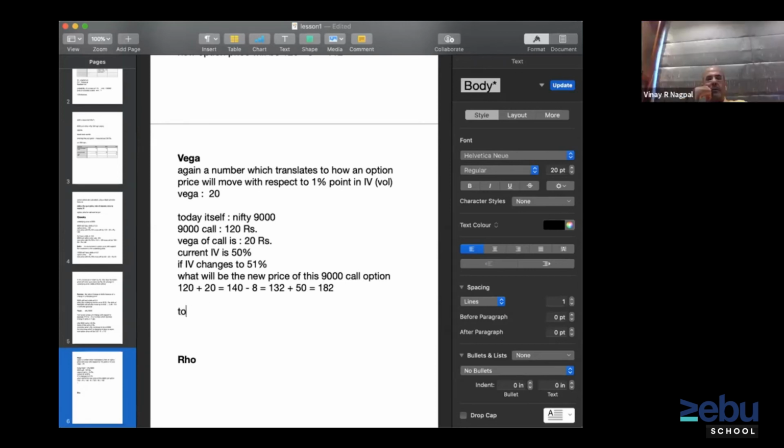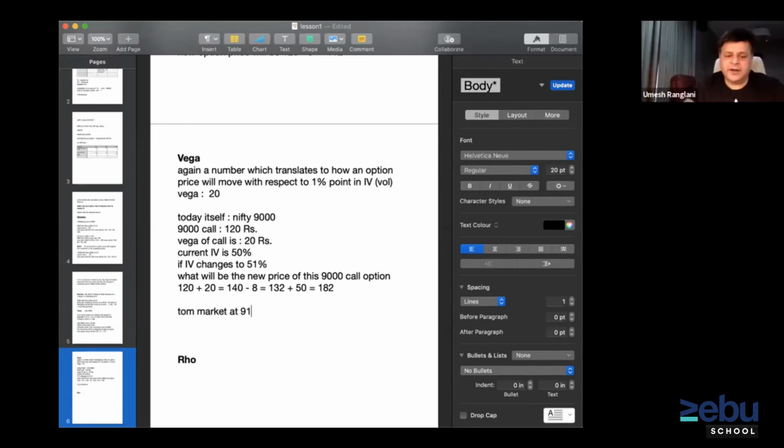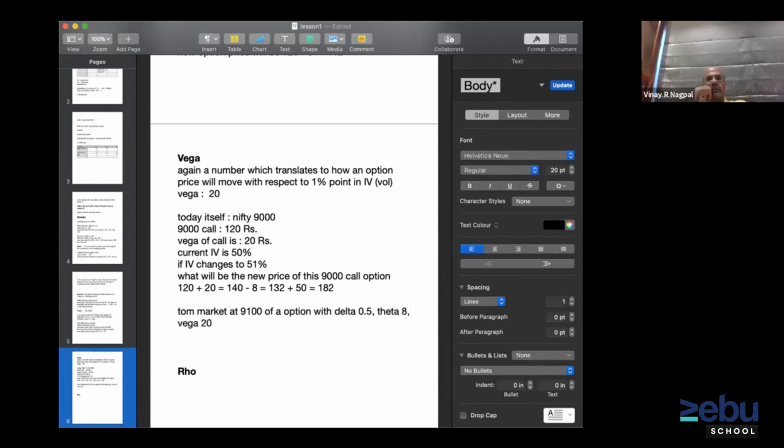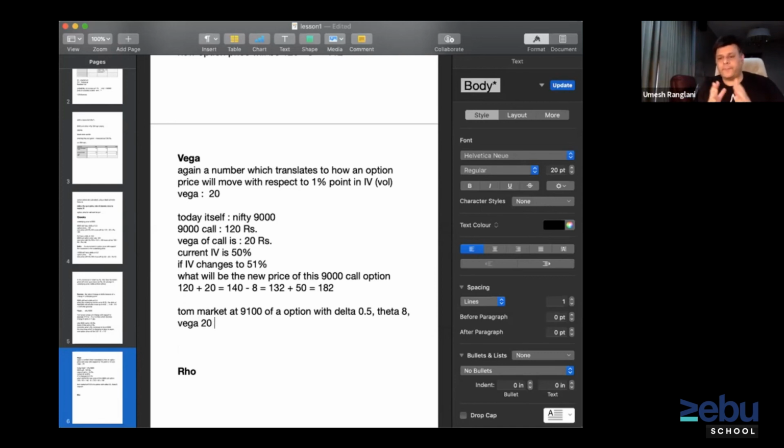So tomorrow, market at 9,100, for an option with delta 0.5, theta 8 and vega 20. So with these three pieces of information I have now determined how an option price will look tomorrow. Making sense? Cool.